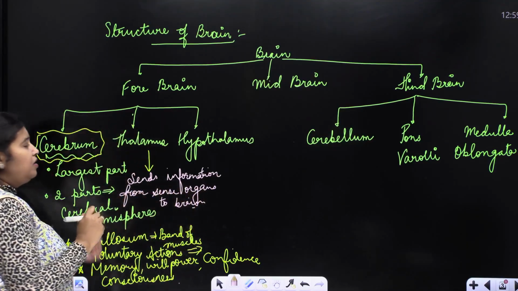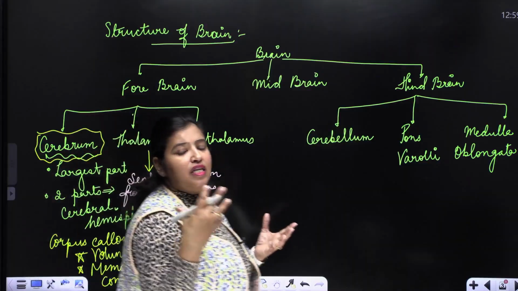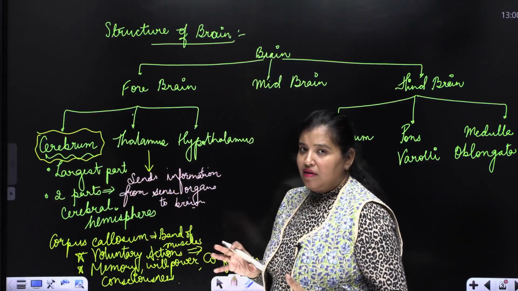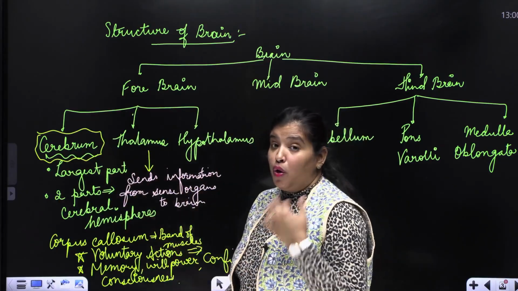Which part of the brain? To the cerebrum. All the sense organs are sending the information to the cerebrum for the action to take place, all right, or for the information to be stored, what you see.